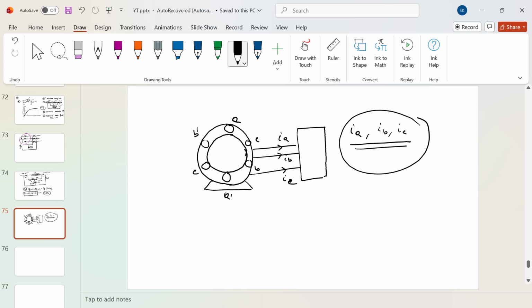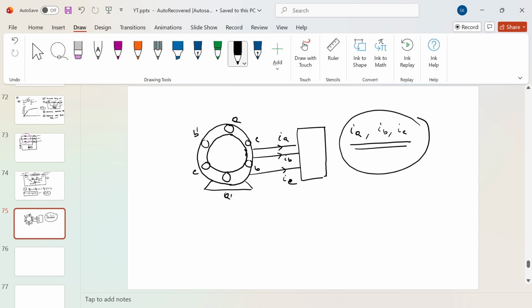So if you have an unbalanced three-phase system, that can be split into balanced systems: one will be your positive sequence, another will be negative sequence, and another will be the co-phasal or zero sequence component of the current. Now, you might have studied that if three-phase current flows through balanced three-phase windings, then a rotating magnetic field gets generated.